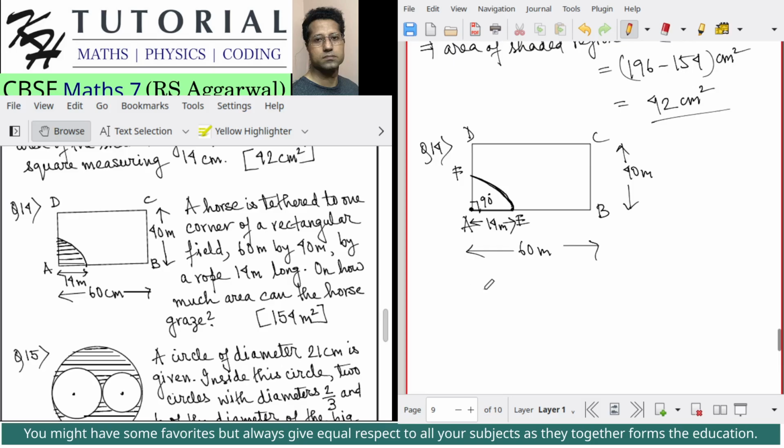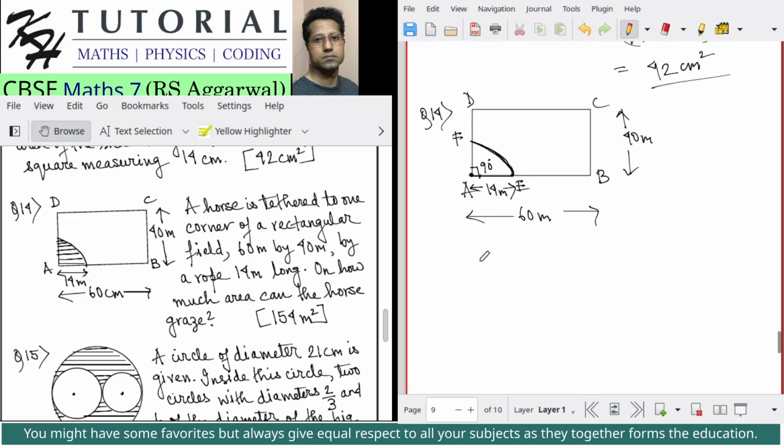How can we find the area of the sector AFE? The sector AFE is part of the circle whose radius R is equal to the length of the rope by which the horse is tied, AE, which is equal to 14 meter. Let's say this point is F and this point is E, and this is the vertex A of the rectangle, which will also be the center of the circle.